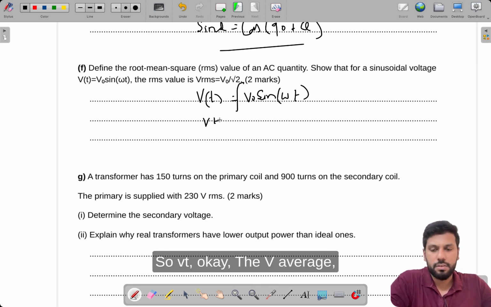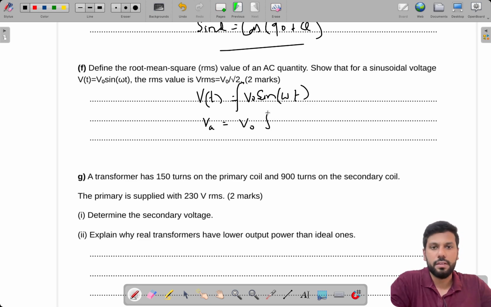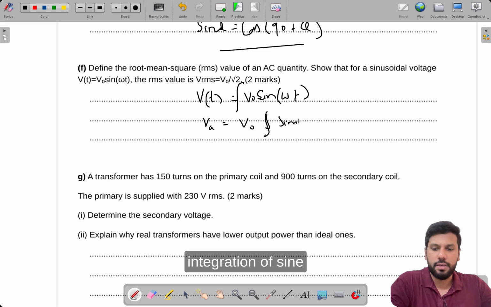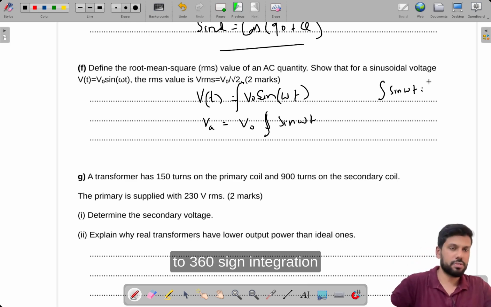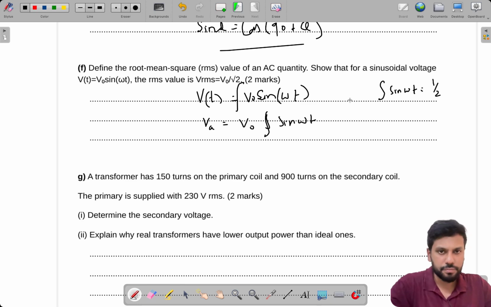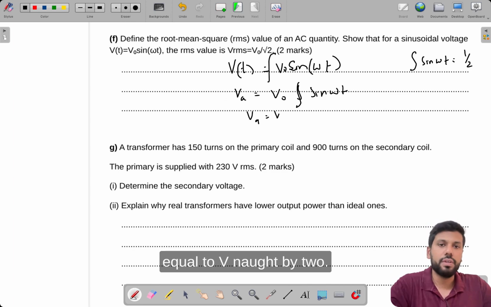So V average is equal to V naught times the integration of sine over the whole cycle. Mathematically, sine integration from 0 to 360 gives you 1 by 2. So now you have V average equal to V naught by 2.